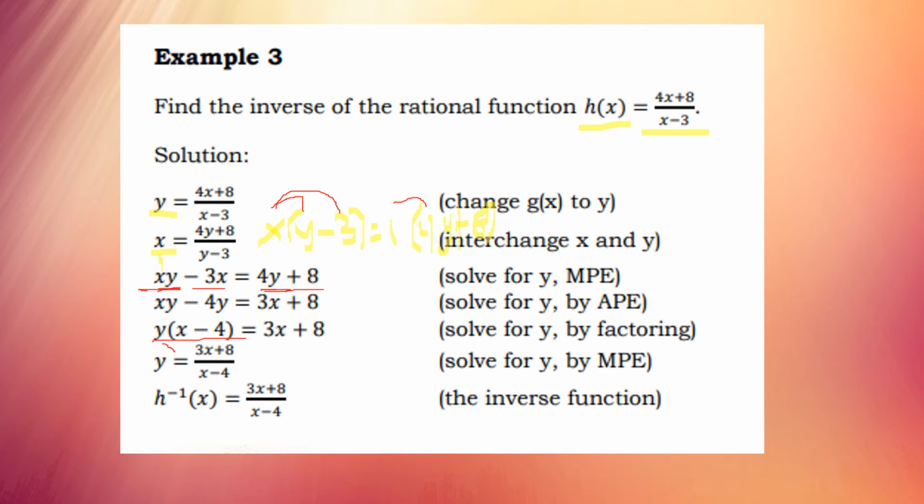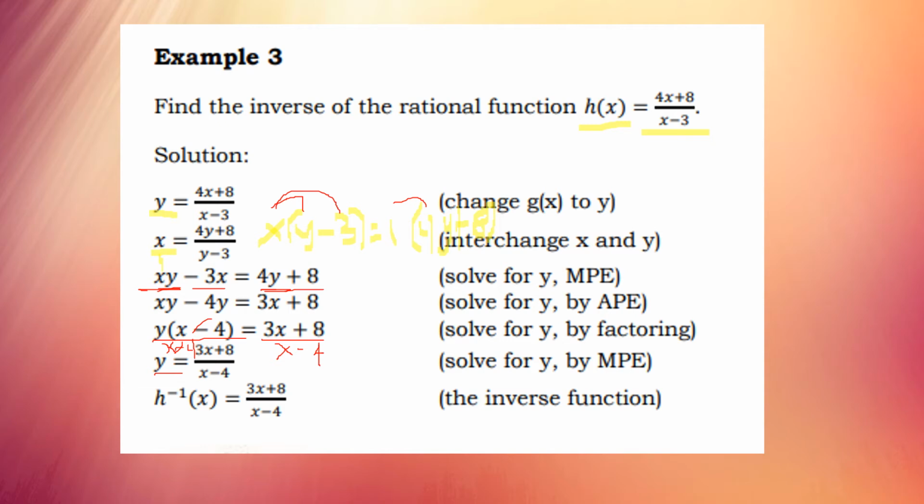So tatanggalin mo yung x minus 4 dyan. Di ba? Divide mo both sides by x minus 4. Okay, so makakancel yung x minus 4 dito, maiwan na lang is y. Then we have 3x plus 8 over x minus 4.